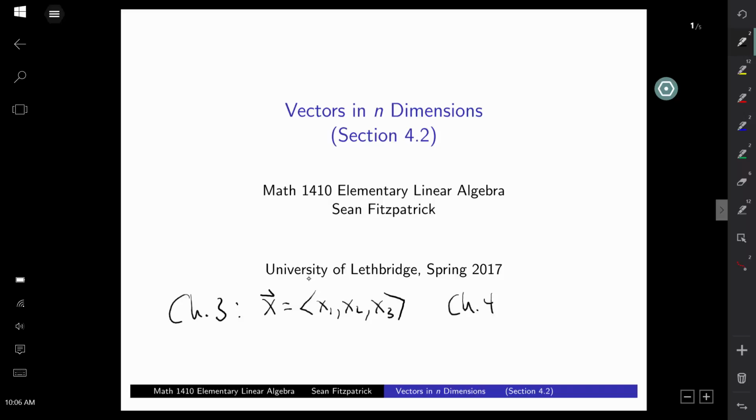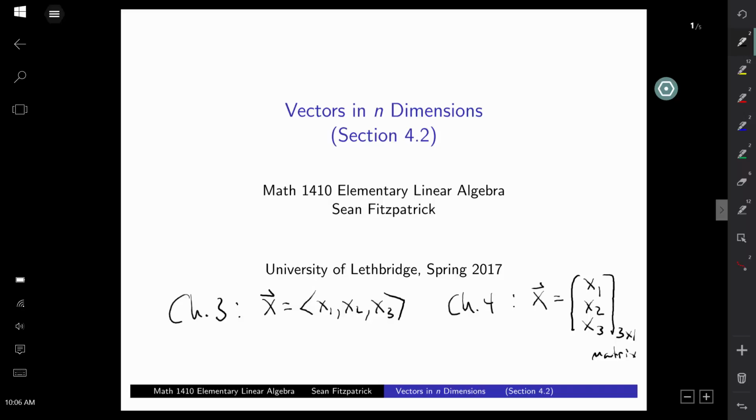In chapter 4, when we want to write that same vector, we're going to think of it as an n by 1 matrix, as a column vector, right? So it's a single column, some number of rows and only one column. So this would be a 3 by 1 matrix.